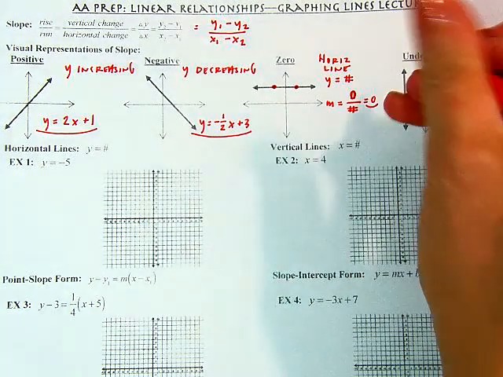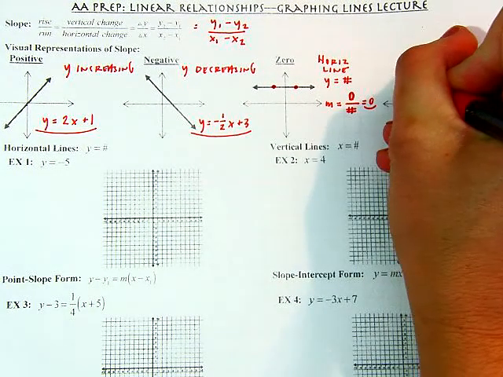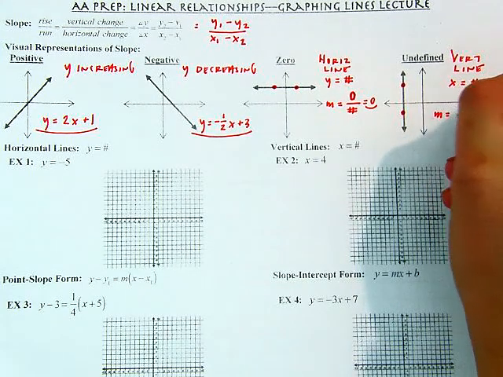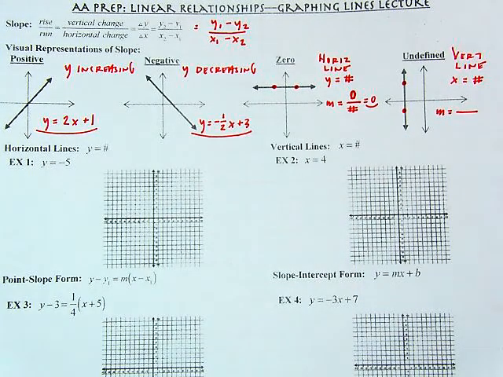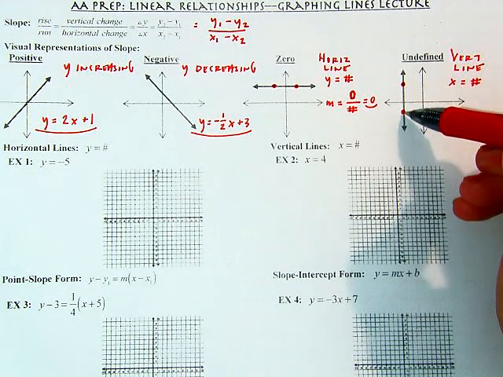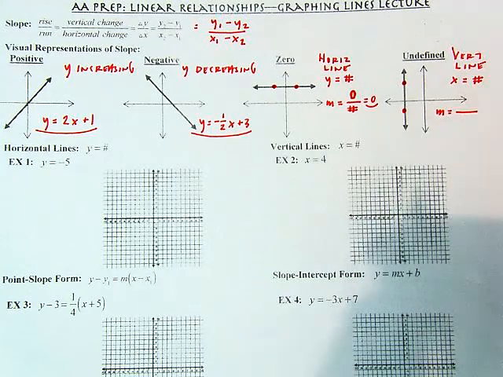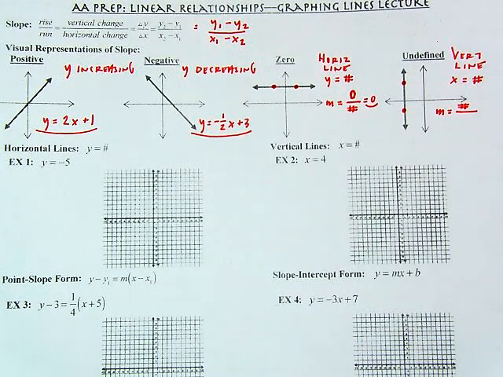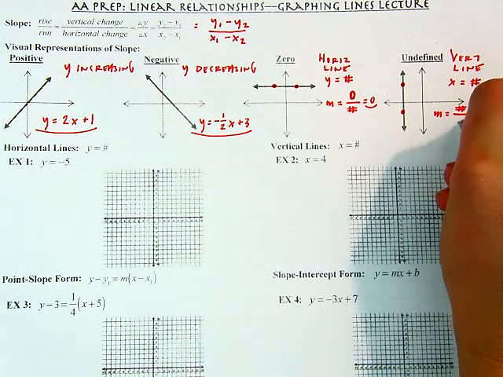Again, if I'm going after the slope, let's say that I picked any two points. m equals. On top, I would have a number, whatever that vertical span is. That's my vertical change, that's my rise. But on the bottom, I have no horizontal change. There's 0 run.